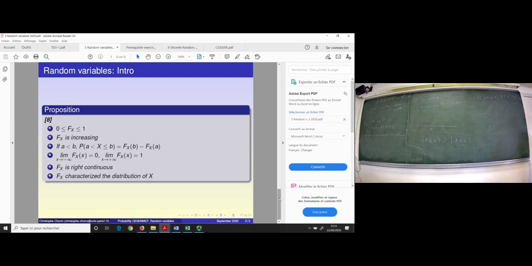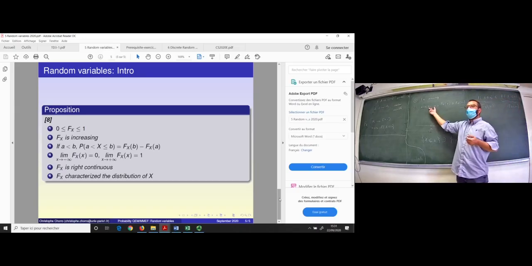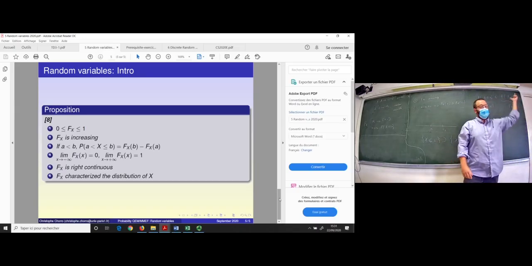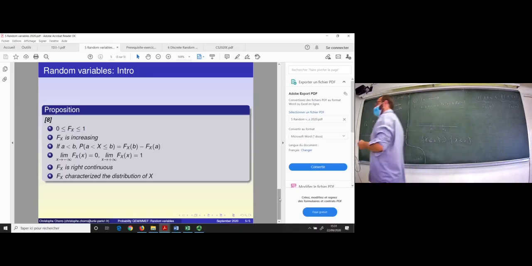We have proved that the probability is an increasing mapping in the sense of inclusion. And what is this? It is just the definition of F_X(x1), and here the definition of F_X(x2). So starting from x1 greater than x2, I have proved what I want.